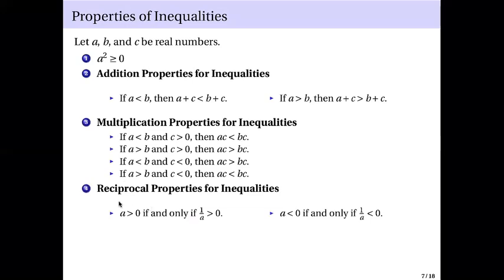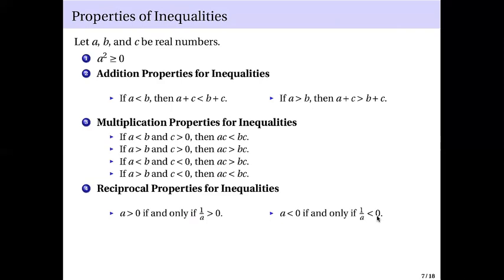Now, another property, the reciprocal properties for inequalities. A is greater than 0 if and only if 1 over A is greater than 0, and A less than 0 if and only if 1 over A is less than 0.